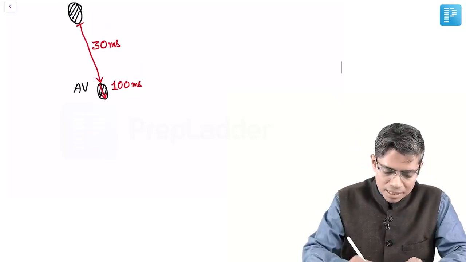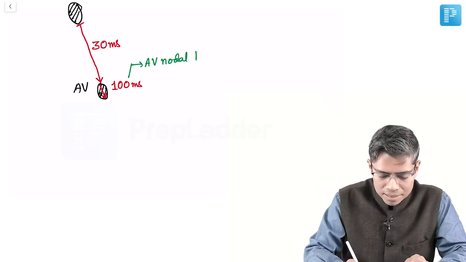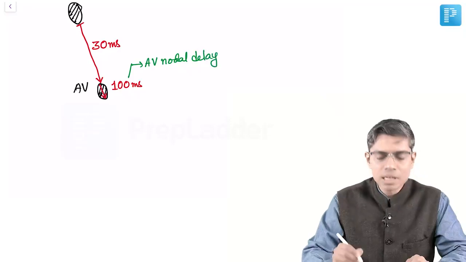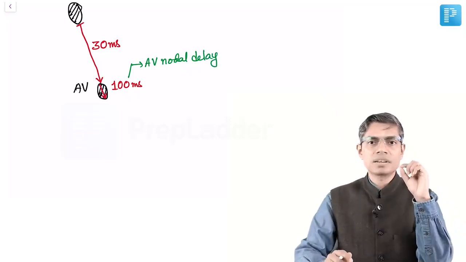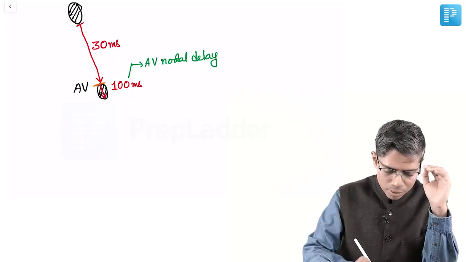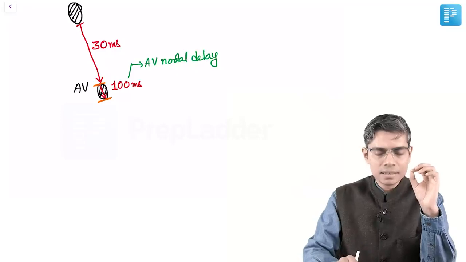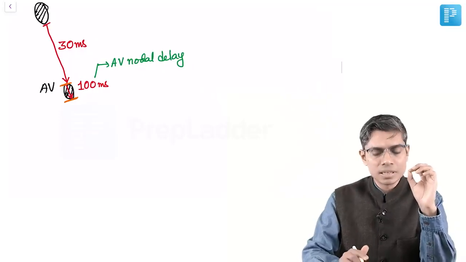This 100 milliseconds is known as the AV nodal delay. So whenever the impulse is traveling through the AV node from the upper part to the lower part, the conduction time is 100 milliseconds. This is known as AV nodal delay.